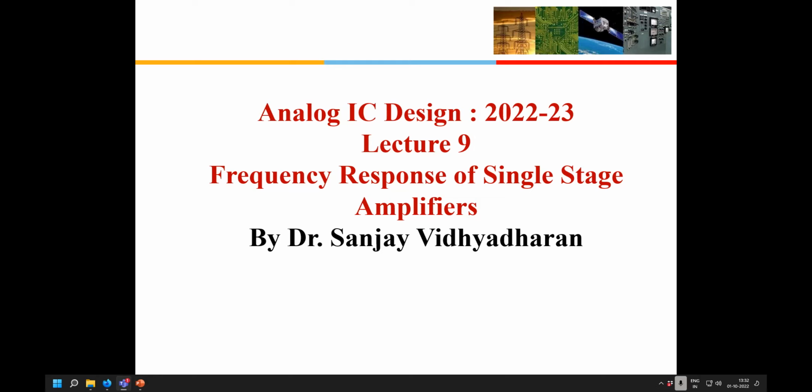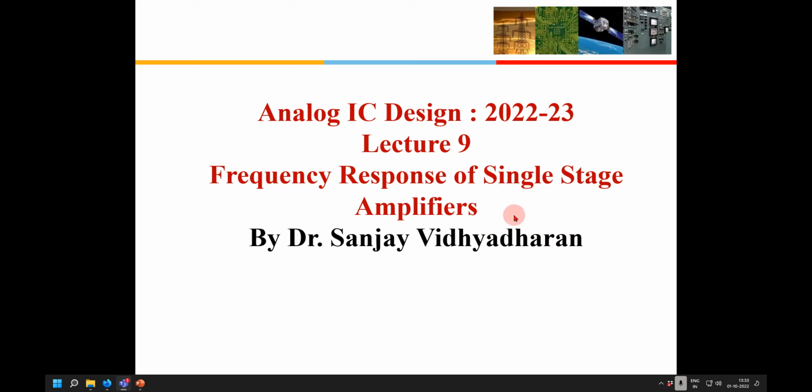We primarily dealt with ID, gm equations and r0 and things like that, and all those equations and analysis are true only when the frequencies are lower. At high frequencies, the capacitances at each of those nodes do have a role to play. So we will try and understand how those capacitances affect the performance of the amplifiers.